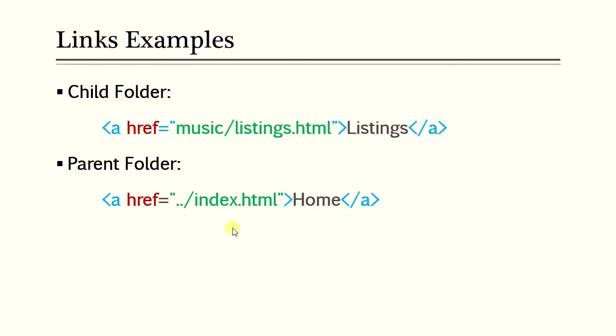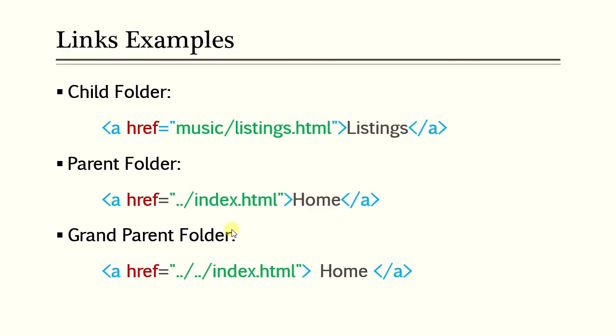If you want to access a file from a grandparent folder, then mention two dots followed by a slash, then again two dots followed by a slash, and then mention the name of the file. In such a case, you will be able to access a file from a grandparent folder.